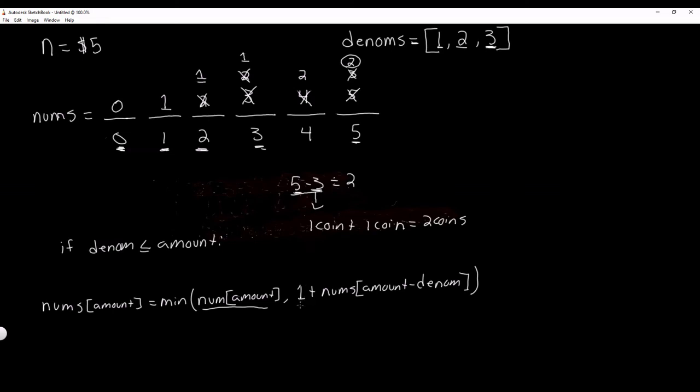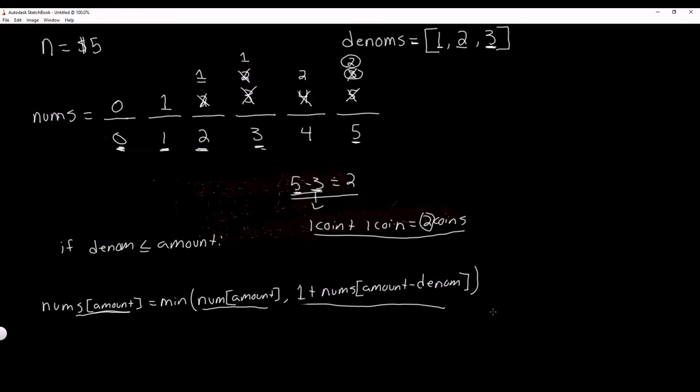So this right here is 2 coins. We're taking the minimum value of what it currently was, which was 3, and the minimum value of 2 coins. In this case, it would be 2 coins, and then we are updating that current index that we were on right here to the minimum of these 2 values. And that's all this is.